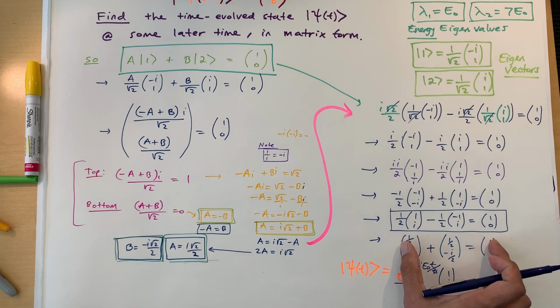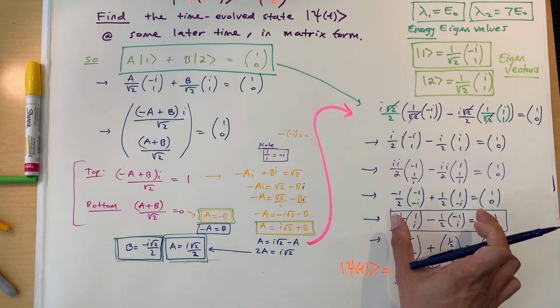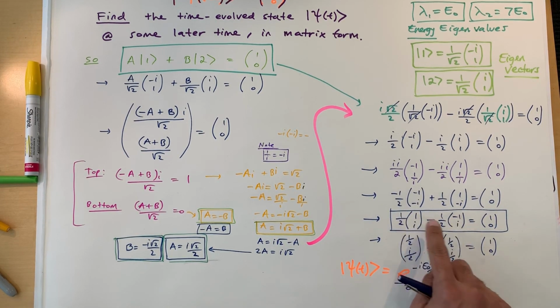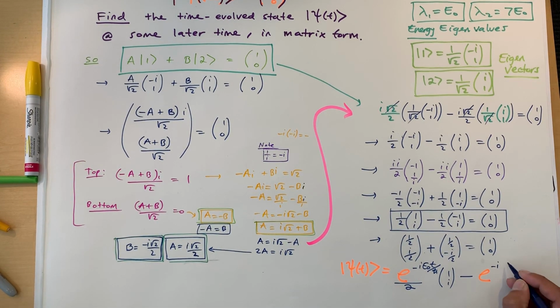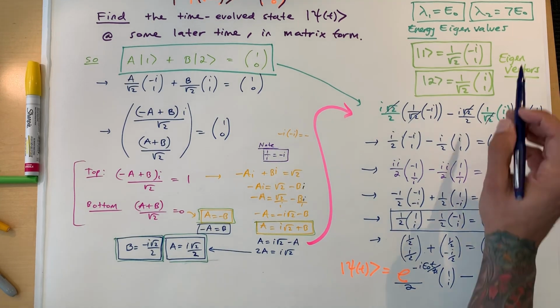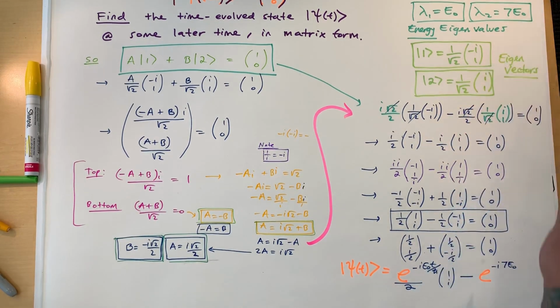So we'll use this one here. This next step was to show that it equals that, but this is exactly how we're gonna write it down here. And then this, right, minus this over here, we have e, right, to the negative i 7 E naught, because that's what we have for our eigenvalue.